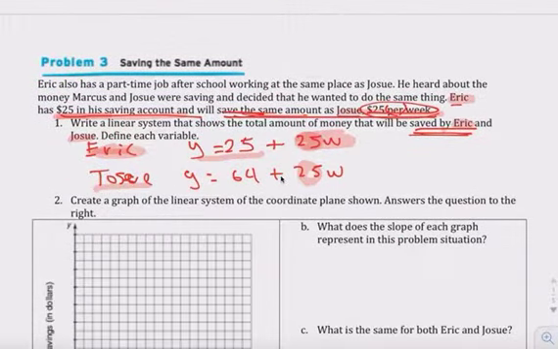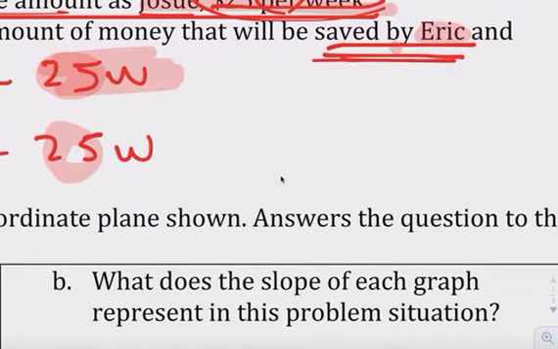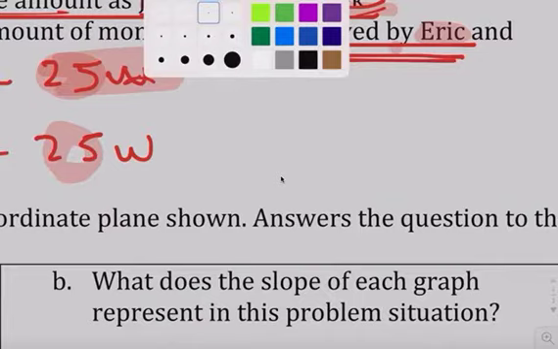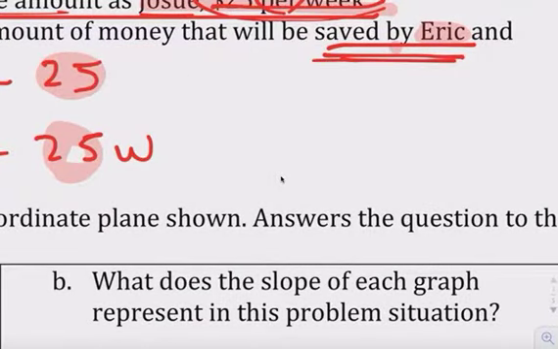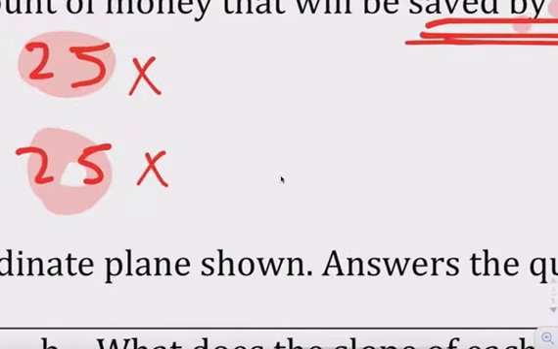Okay, we know that these two lines are going to be parallel because notice, instead of W we use X for the number of weeks. Notice those are the same. The coefficient, in this case the slope, are the same.